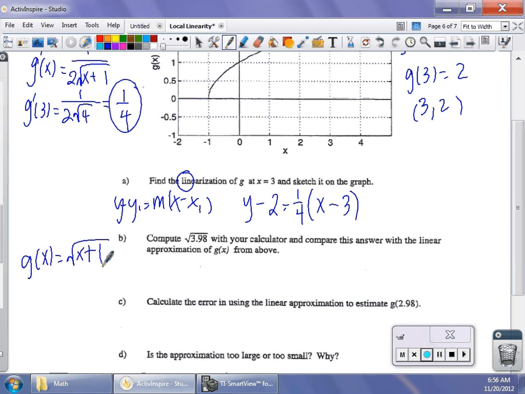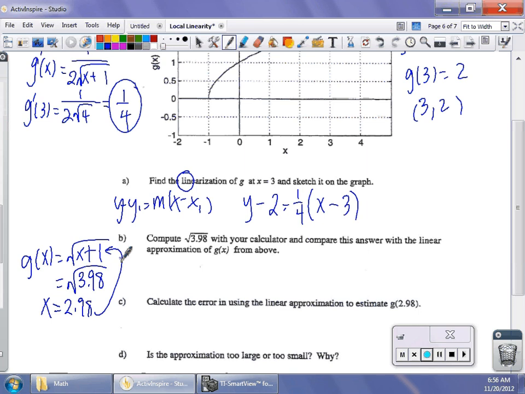So if they're asking me to compute the square root of 3.98, then that means x was equal to 2.98, because 2.98 plus 1 gives me 3.98. So not really sure why they're asking us like that.